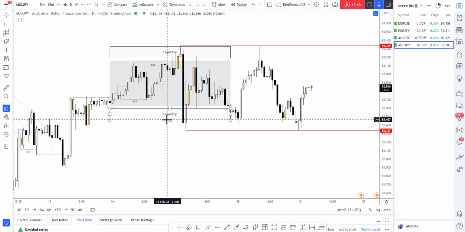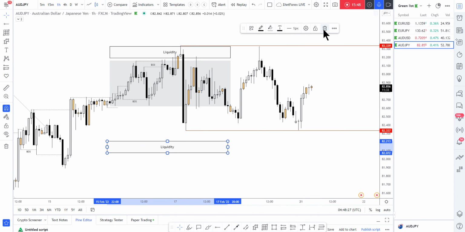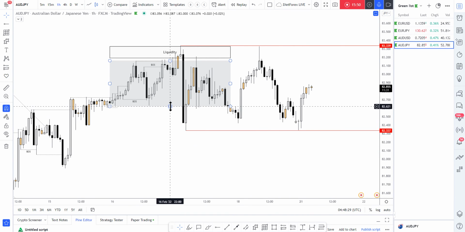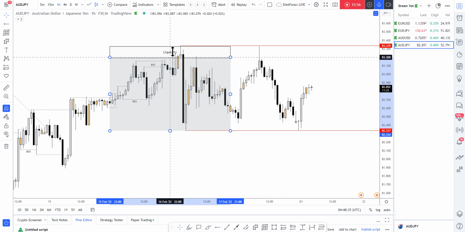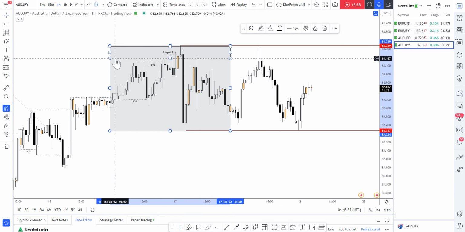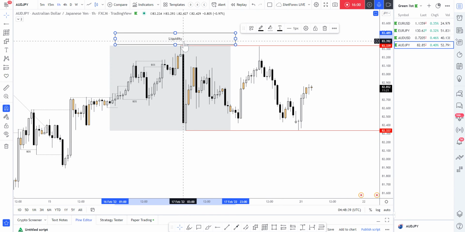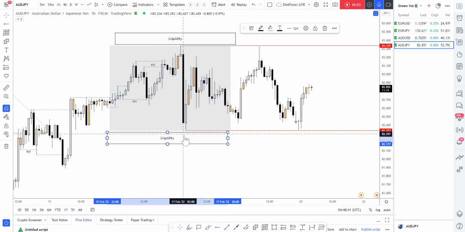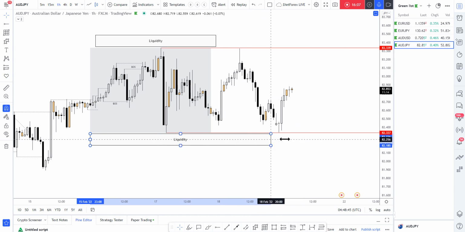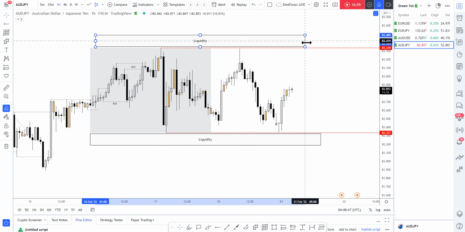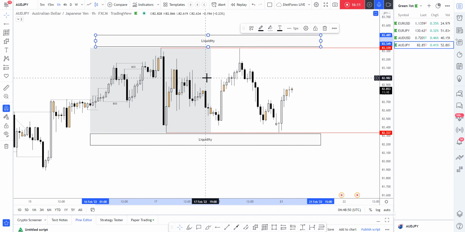So I'm just going to adjust this actually. So the range expanded for me. We got the low and then the major high here. I'm going to expand right there. So AUDJPY's prior action is basically telling me that it's still ranging, right?